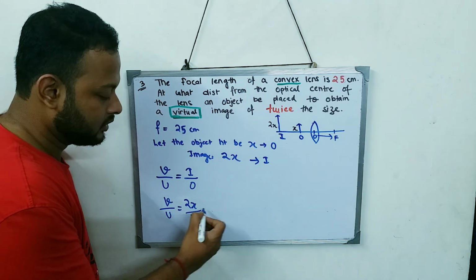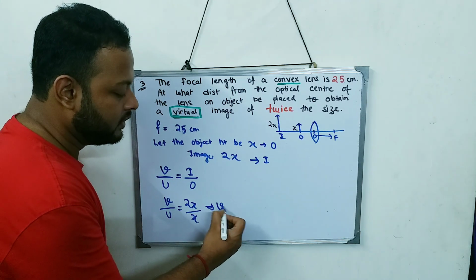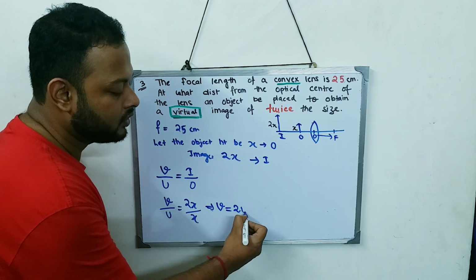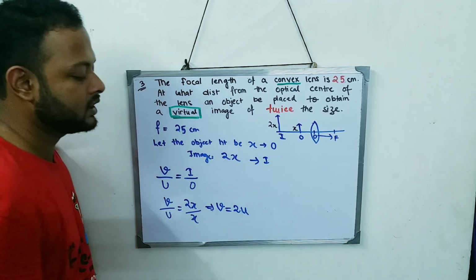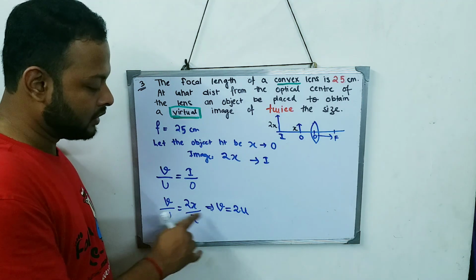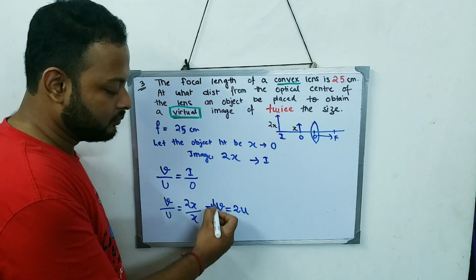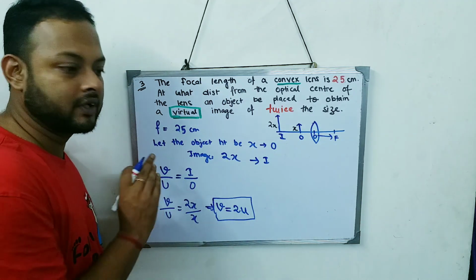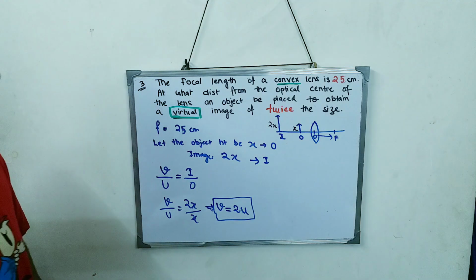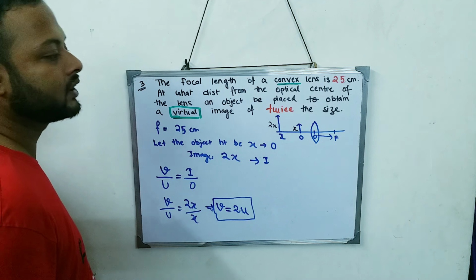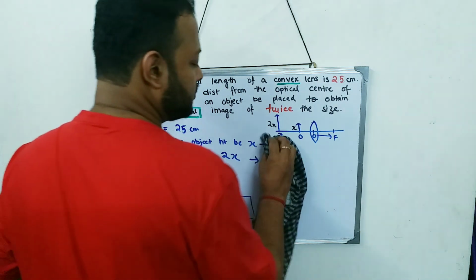Cancel. So what are you getting? V is equal to twice of u. I'll use this to get the value of u actually. So I've got a relationship between v and u: V is twice of u, using the magnification formula. So after this, what I have to do? I have to use the lens formula to get to the answer. So just rubbing this part.